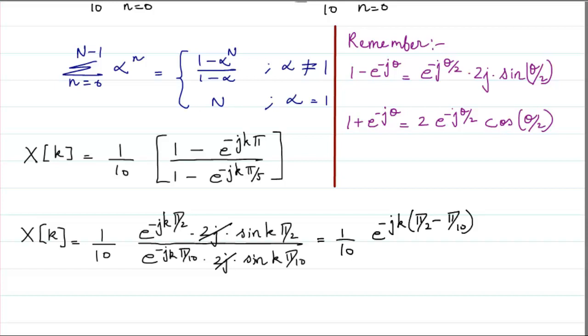Okay, why? Because from the denominator I have brought it to the numerator, into sine k pi by 2 divided by sine k pi by 10. Now what is pi by 2 minus pi by 10? You all know it is 2 pi by 5.